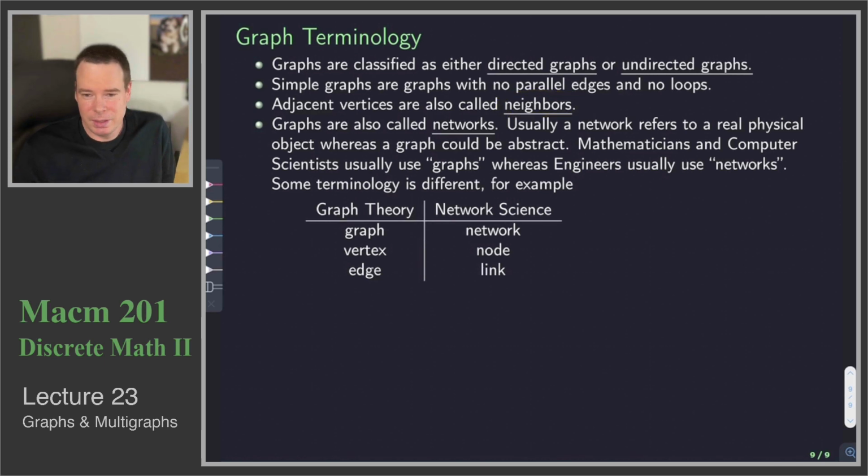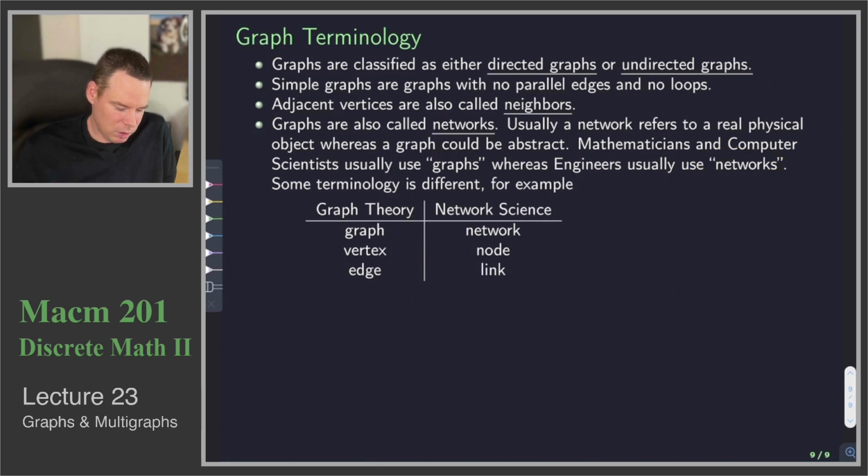Graphs are also called networks. So this is a big one. Depending on which discipline you go into, you may never hear the word graph, but you may be using all of these ideas because in that discipline, they're referred to as networks. Usually a network refers to a real physical object where a graph can be abstract. So mathematicians and computer scientists usually use the word graphs, whereas engineers use the word networks.